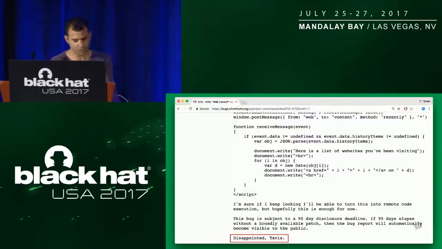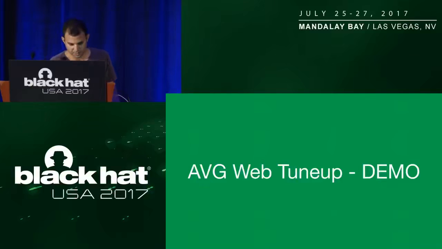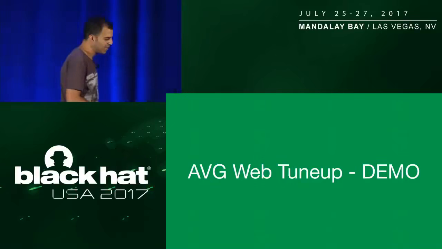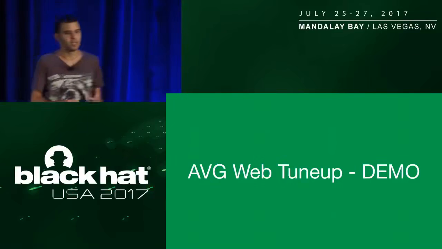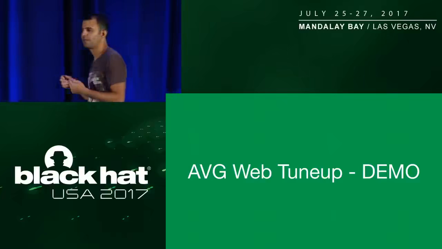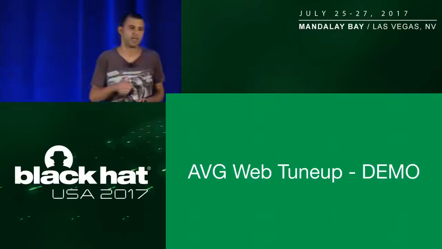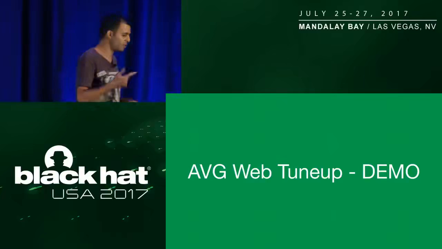Getting back to the presentation. Great. So why is CSP not blocking this kind of XSS? The reason here is that there is no generic JavaScript injection here. There's no inline script. There is no eval.